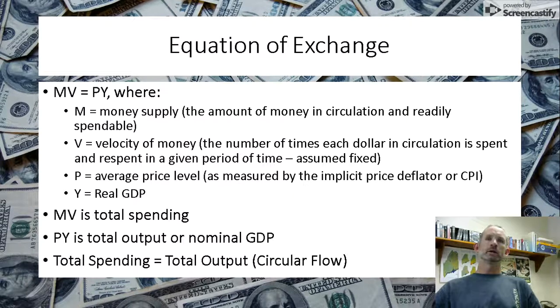So really all this equation is saying is total spending must equal total output. That's exactly what the circular flow diagram taught us a couple of chapters ago. The idea behind this is pretty simple and should make sense. It kind of has to be true, so that's helpful.